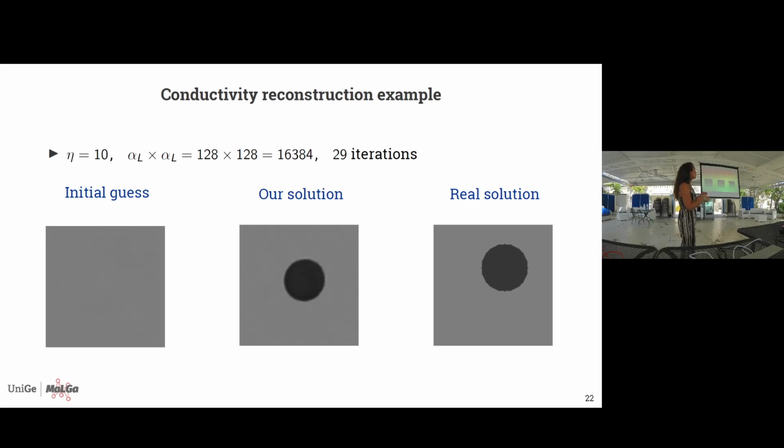There are darker balls, and there are also white balls that represent lower values of the conductivity with respect to the background value, that in this case is 1. And is the value that you obtained similar to the real one? Yes, they are quite similar, but the position, as we can see, is not so similar. But we do only 29 iterations. Okay, thank you.